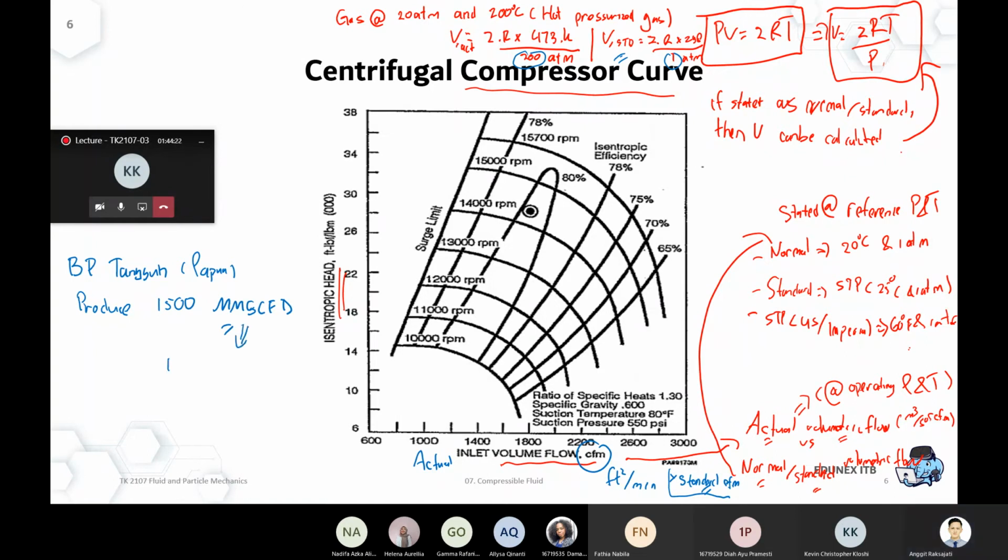MM means million, S means standard, CFD means cubic feet per day. Standard means it's stated at 60 degrees F and 1 atm, so the conversion is always the same, regardless of the pressure and the temperature. Any questions?